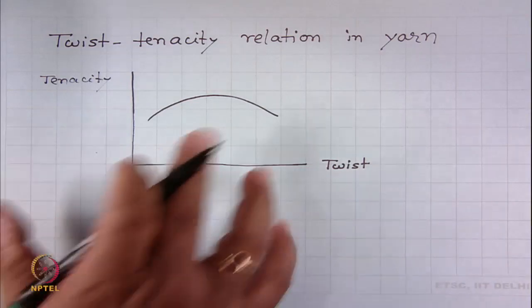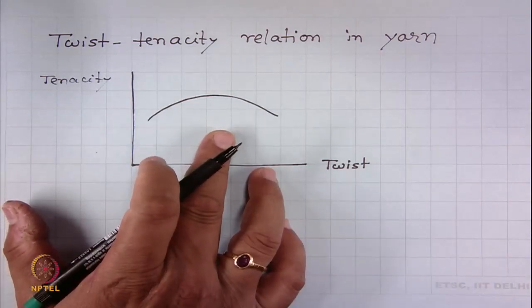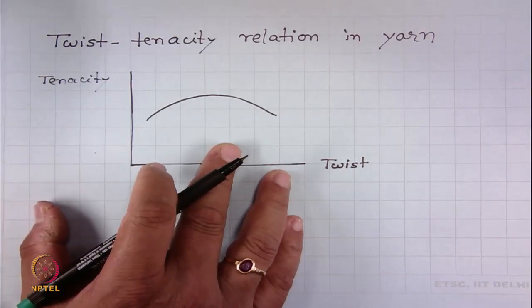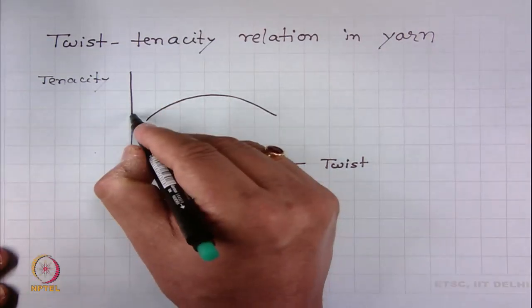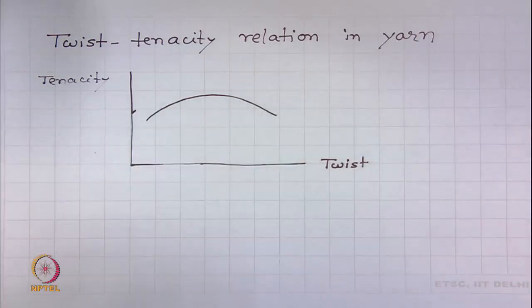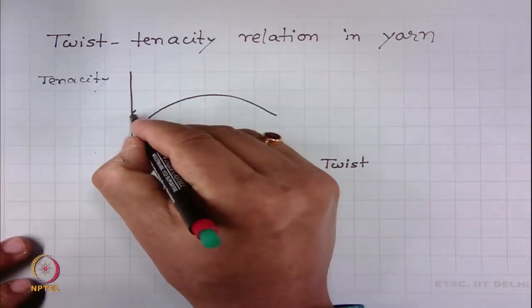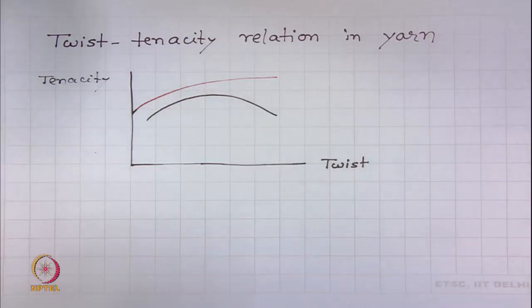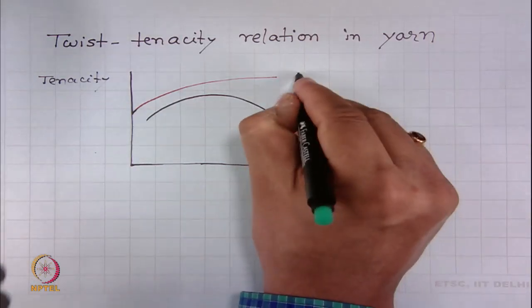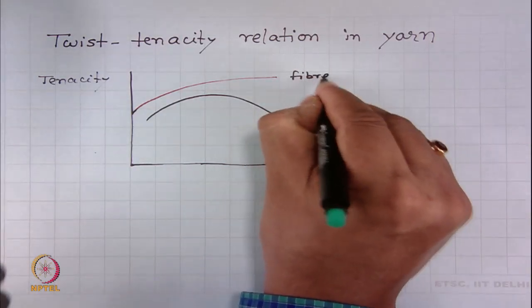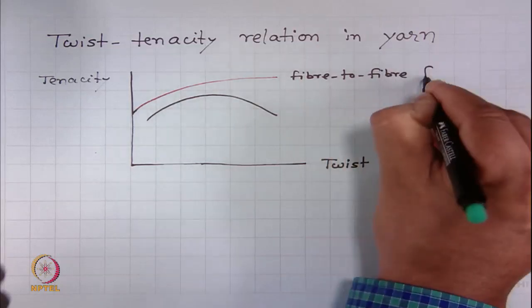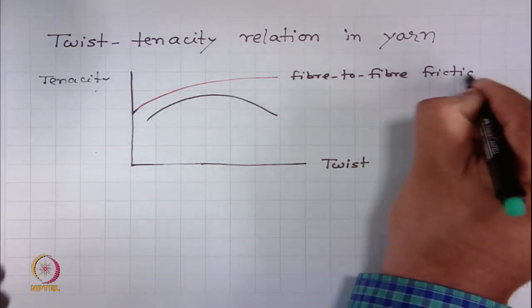This particular curve is the result of two influences. One influence is this, which is the result of fiber to fiber friction in yarn.